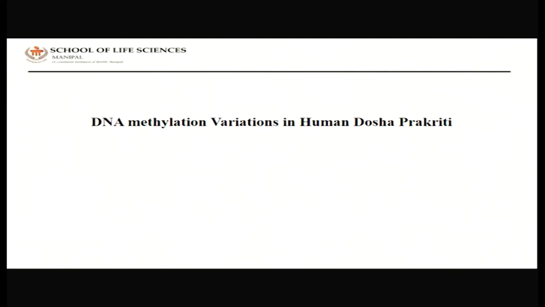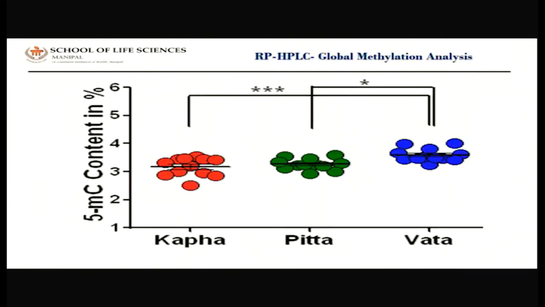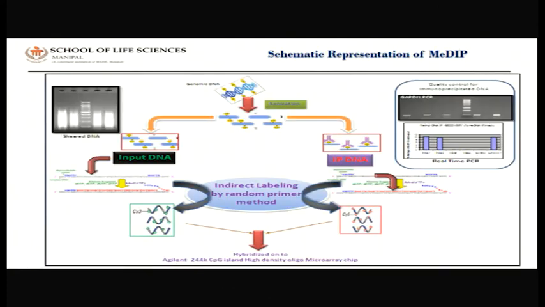The next thing was to be able to look at the epigenetic variation, that is the DNA methylation differences in relation to human dosha Prakriti. At the very outset, if you take the entire genome and look at the extent of CpG methylation or 5-methylcytosine that may be present in these 3 types of individuals, we find that the Vata individuals have statistically higher levels of methylation or CpG content in their genome as opposed to Kapha individuals, as has been shown in this picture.